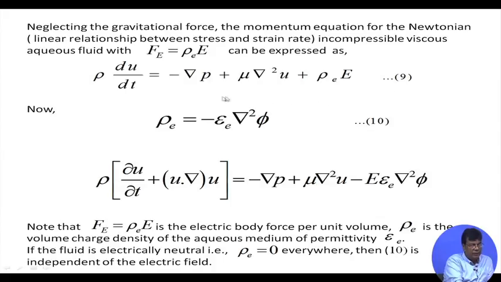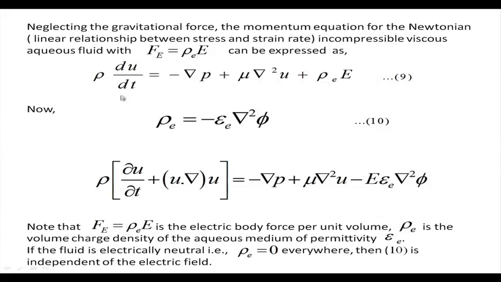So, the momentum equation can be expressed in this manner: rho Du/Dt equal to minus del P plus mu del squared u plus rho e E. Now, rho e, as we have already obtained from the Gauss law, that is the Poisson equation for electric potential, is governed by this equation. So, if I substitute here, I get this situation.